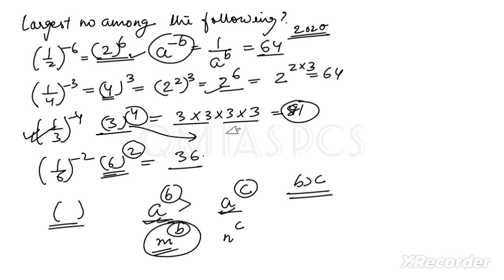Here you can make it 9 square and 6 square, which means this is the greater value. If you are not able to find the value of 81 or 36, you can make it the same power or the same base, and compare that way. Okay, fine.